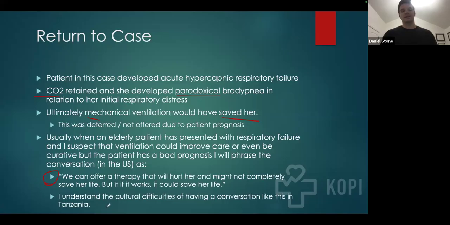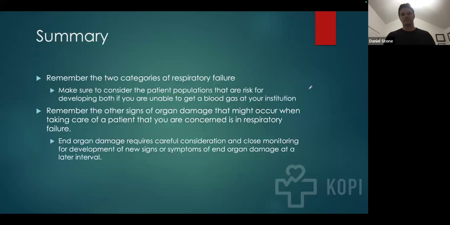I understand that there are cultural difficulties trying to have conversations like this in Tanzania, and you don't necessarily want to imply that an intervention couldn't work, especially to family, because they might think that could potentially yield bad outcomes or bad juju. But it's a conversation that's worth at least trying, if you can, in order to understand the family's expectations of care. It's called shared decision making is usually what I call that.